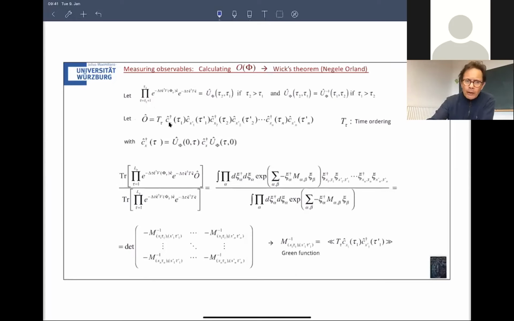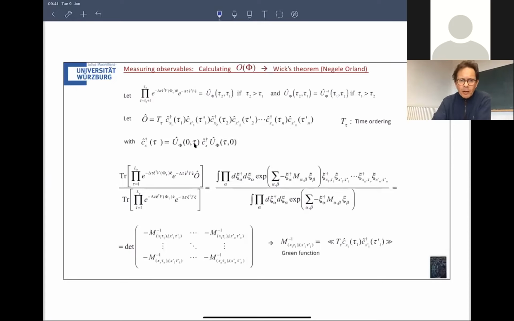So the time ordering of these operators, which I write in this form: C dagger, position x1, time tau 1, x1 prime, tau 1 prime, x2 prime, tau 2 prime, etc., up to xn, tau n, xn prime, tau n prime. And again, the Heisenberg representation for those C's is given by this.